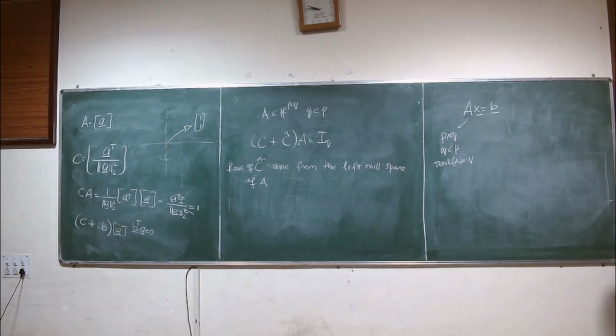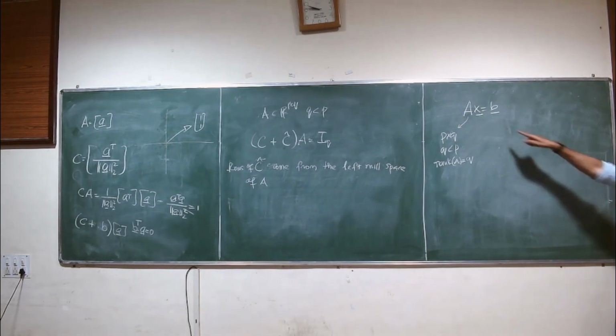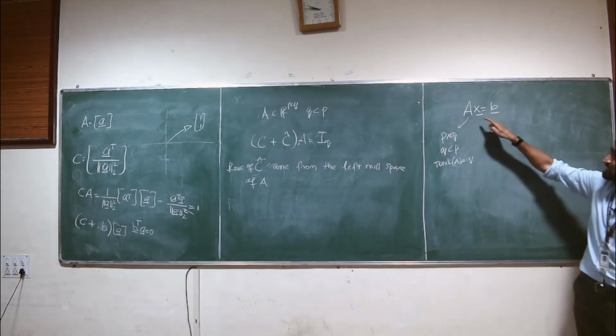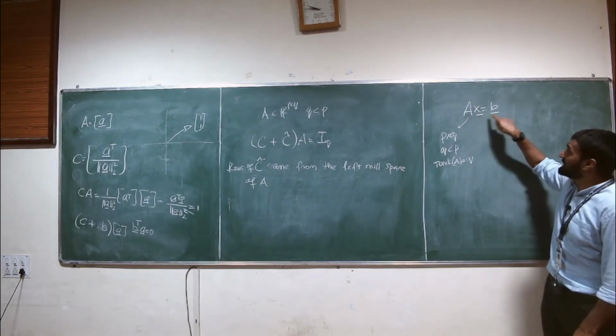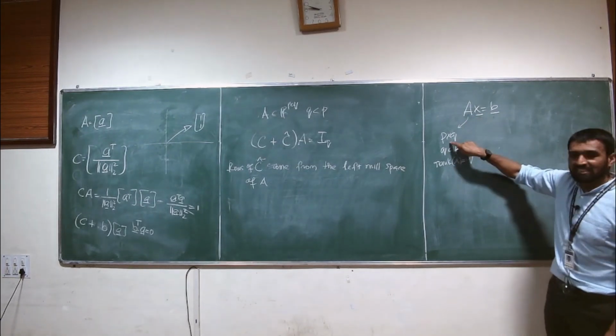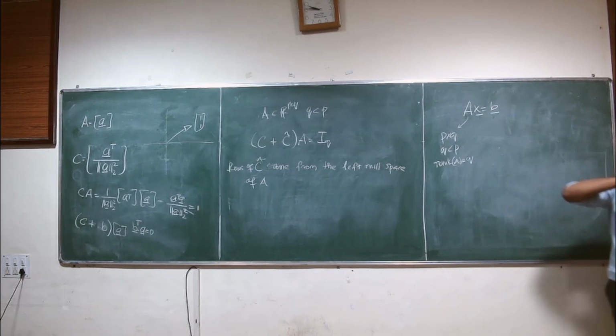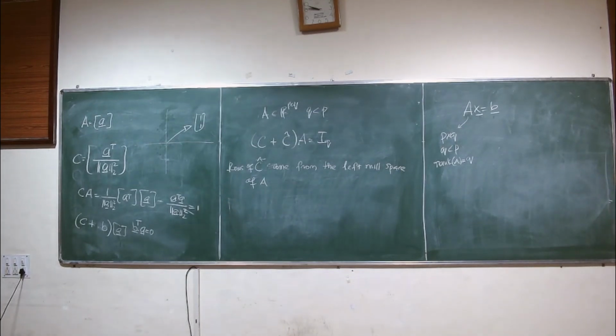Is the left inverse useful in solving this equation? Can we always solve this equation? Let me put it that way. Can you always find an x such that if I post multiply A by x, I get B, when A is tall and full rank? When can I solve it?